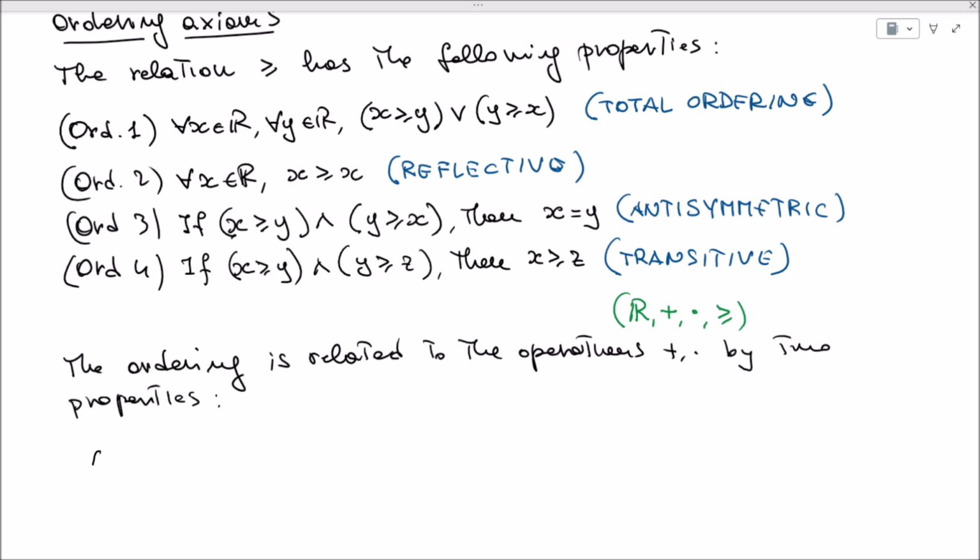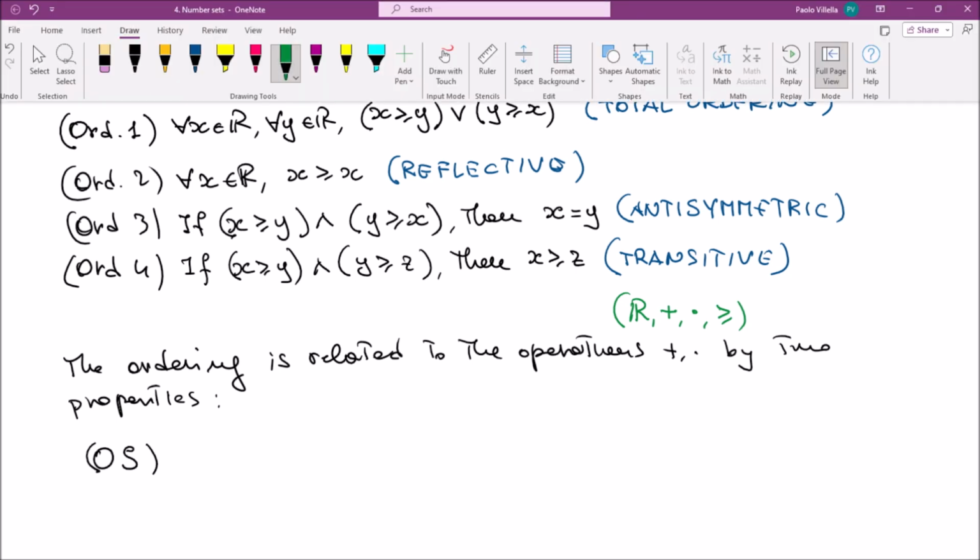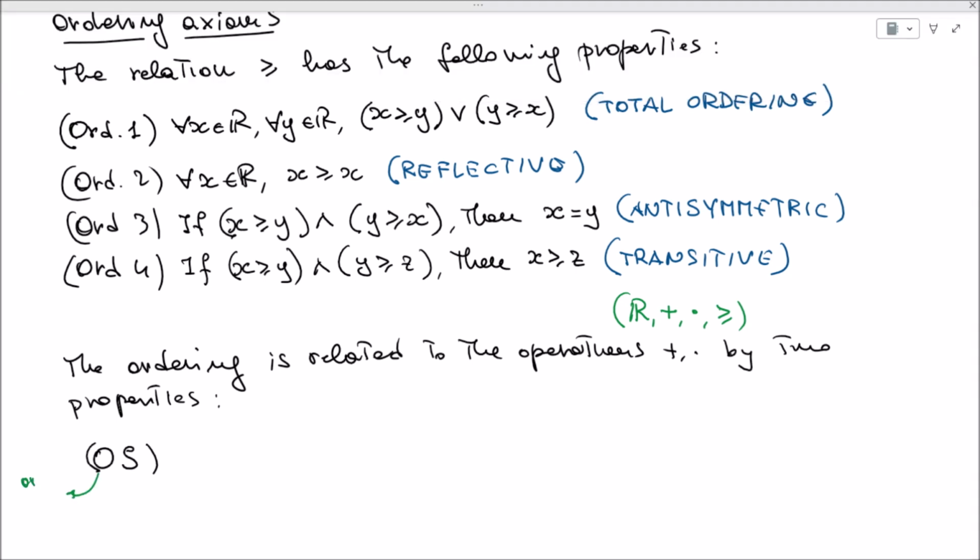And I'm going to call the first one OS, meaning that the O stands for ordering and the S stands for sum. So OS is just a property that relates the ordering with the sum.